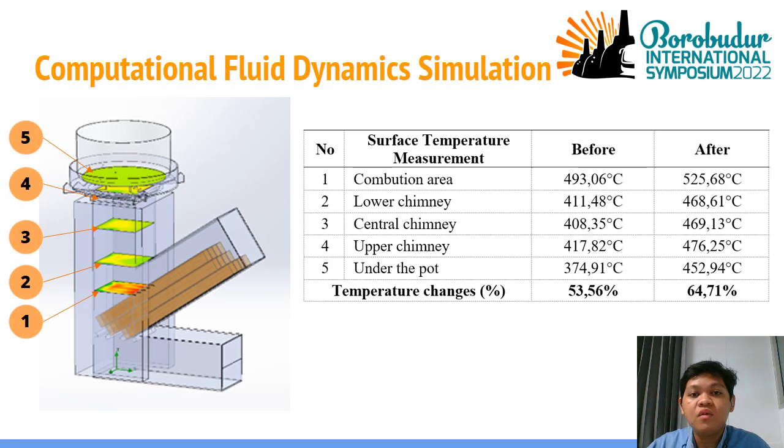And here is the value of average temperature at each section on the initial and modified design. As we see, the modified rocket stove has a hotter temperature in the combustion area and the result can conduct heat better.